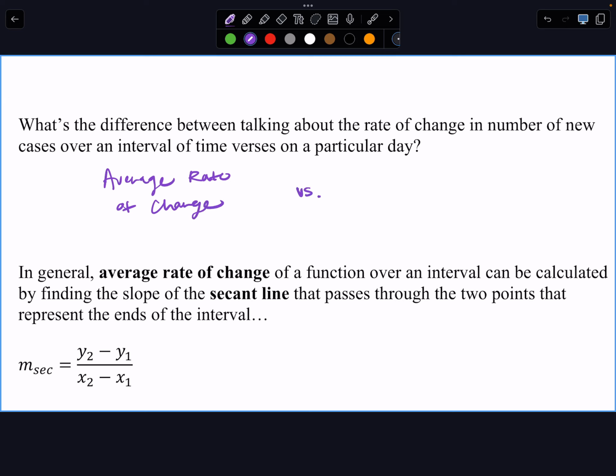Versus on a particular day, and it depends on what the unit of time is in the graph or in the table, whether it's a particular day, a particular second, a particular hour. When you're calculating rate of change on a particular day, we would be talking about a fixed number, the instantaneous rate of change.